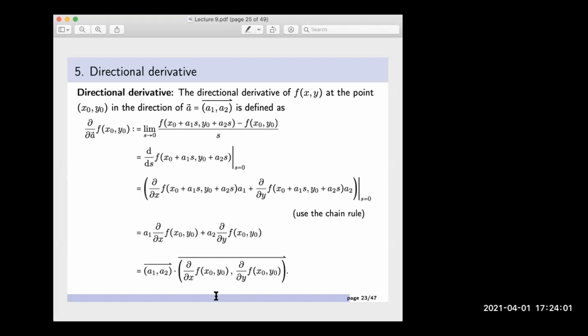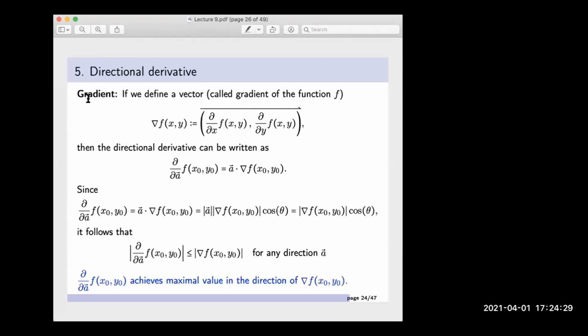The second vector is related to the partial derivatives, and it's independent of the direction a. The first vector is simply the direction a. So you get direction a times another vector that is independent of the direction, related to partial derivatives. The second vector has a name.